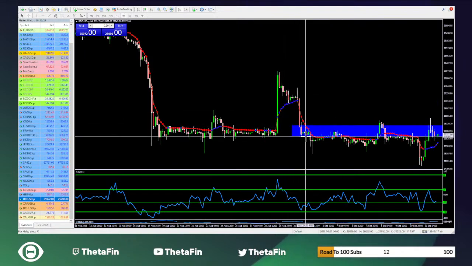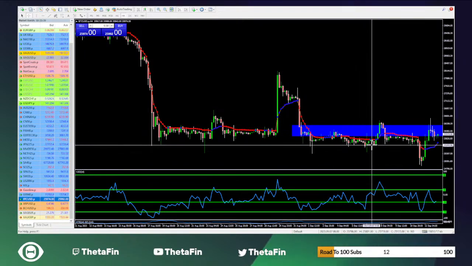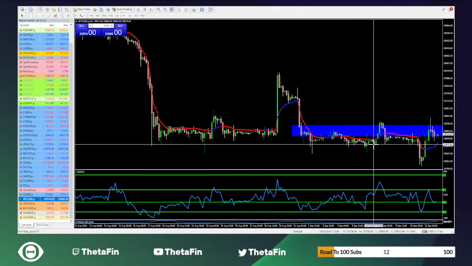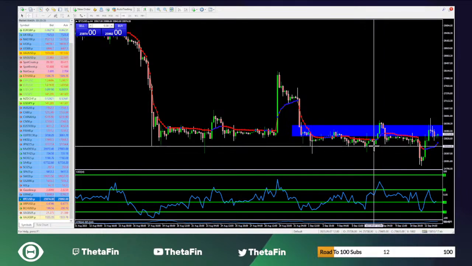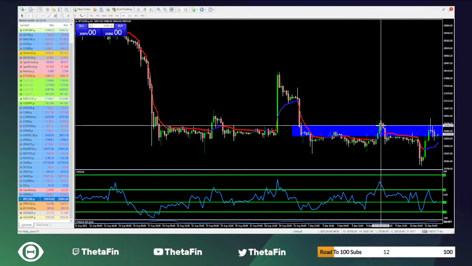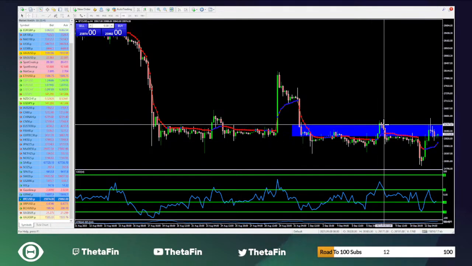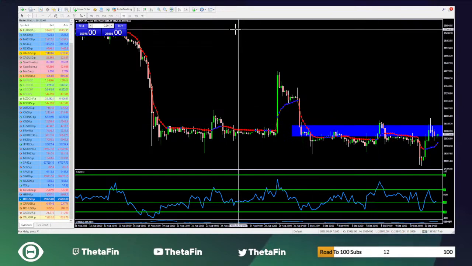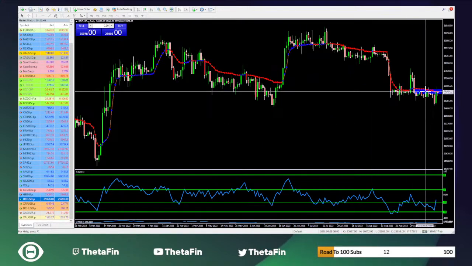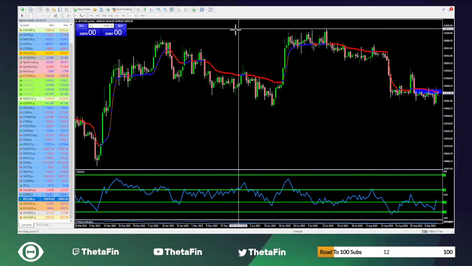So regardless of what price is doing, we're not looking for buys in this particular market. And any signals that we get to go long, you can see that it's not moving past a certain point, because on our higher time frame, we're still in a bearish market condition.